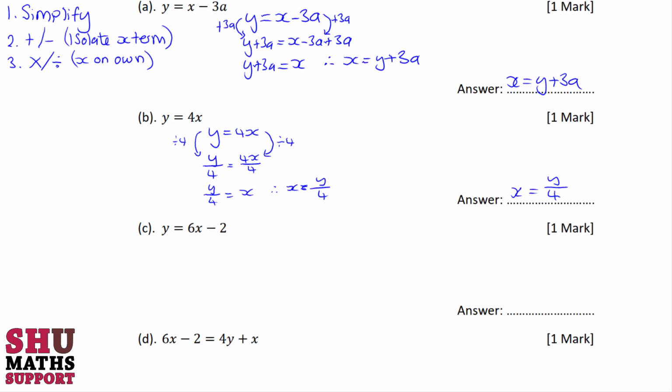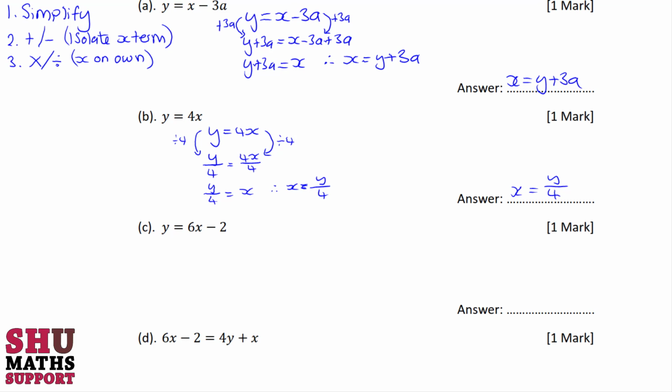The first example used step 2, addition or subtraction, and the last example used step 3, multiplication and division. The next question uses both step 2 and 3: y is equal to 6x minus 2.